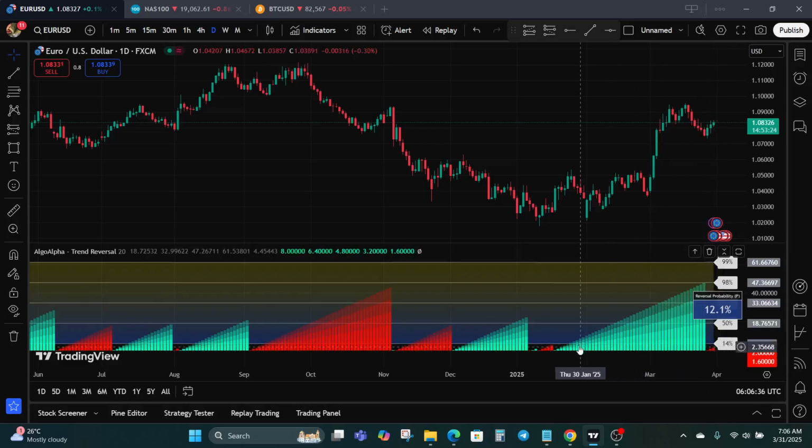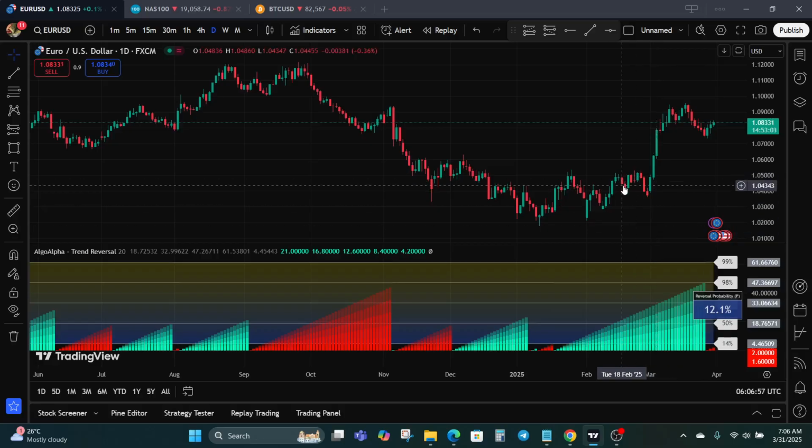In addition to these histogram bars that show the prevailing momentum, the indicator also tells us the reversal probability at the time.